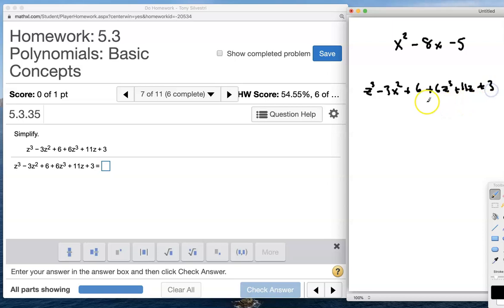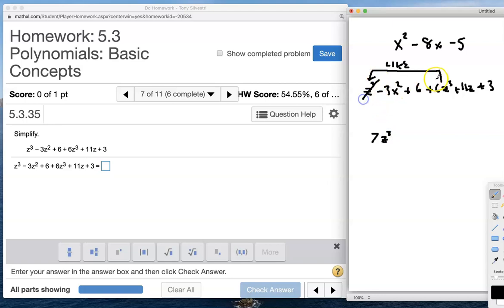Okay, 6 terms. This guy and this guy are like terms because they have the same variable, same powers. One of them plus 6 of them is 7 of them. That's what we have here, 7z cubed.